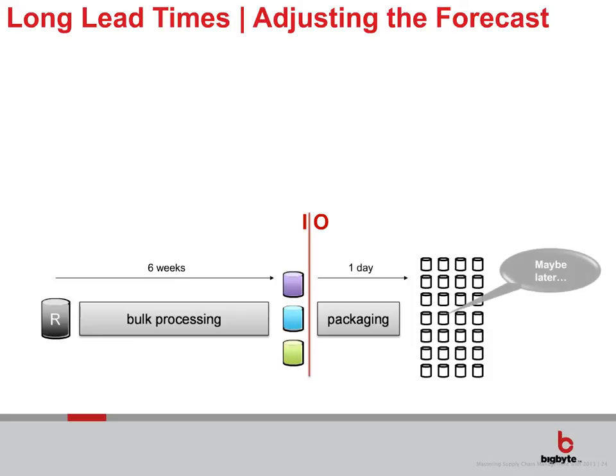This kind of processing adheres to the lean principles of avoiding the waste of overproduction. You're keeping the finished goods inventory to an absolute minimum. You do have inventory of the bulk material, but in many cases the variety of finished products is much higher than the variety of bulk.